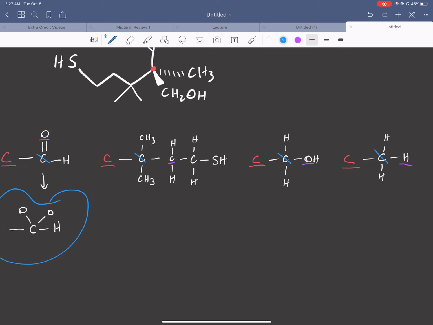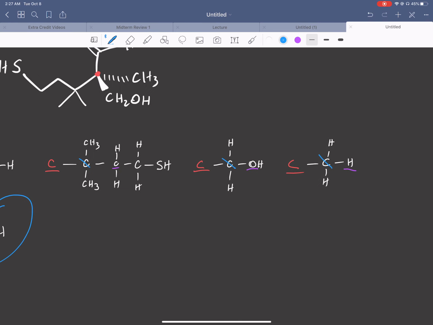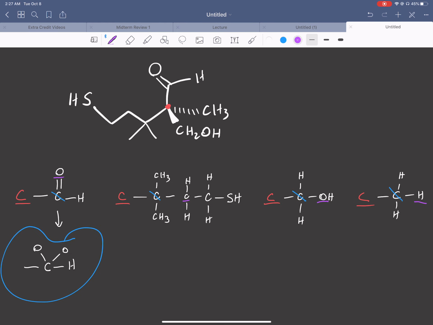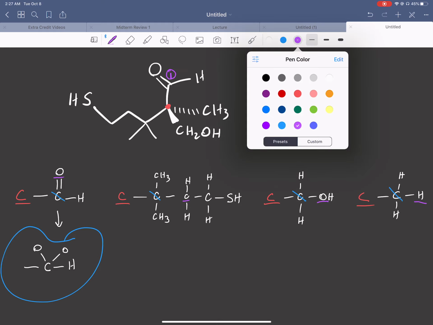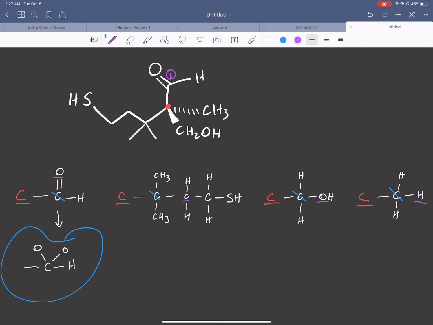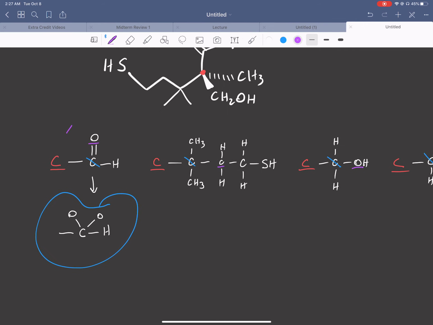Two oxygens or one? Well, it's going to be two. And so that means that this substituent is the highest priority, number one. So we know that this is going to be number one.